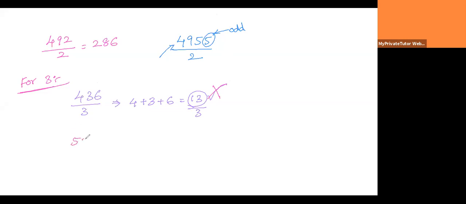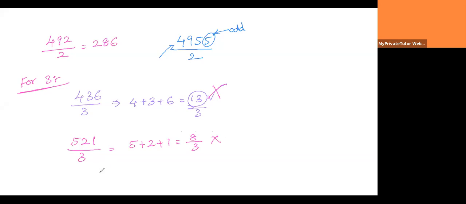Let's take a different one. 521, is it divisible by 3? We are just adding the digits: 5 plus 2 plus 1, 7 plus 1, 8, which is not divisible by 3, isn't it? So 521 is not divisible.